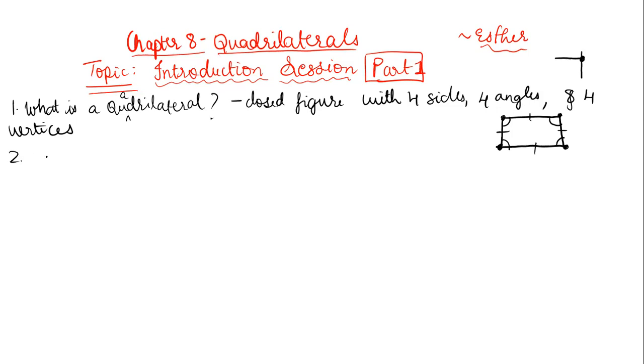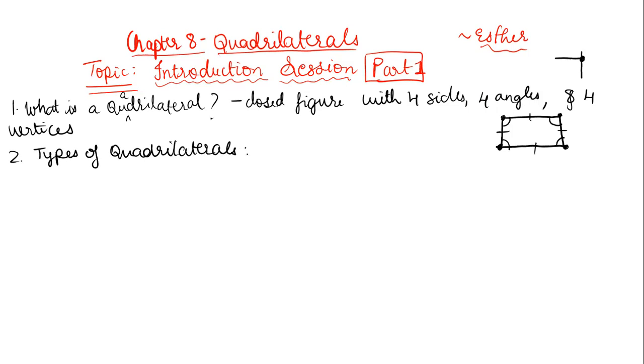Moving on, let us move to the types of quadrilaterals. We have understood what a quadrilateral is. Now let us see the types of quadrilaterals. We have 7 types of quadrilaterals, and I'm pretty sure that you have studied these types in your previous year.